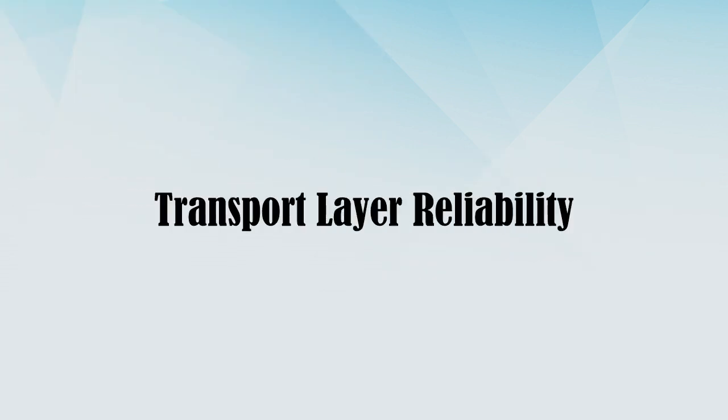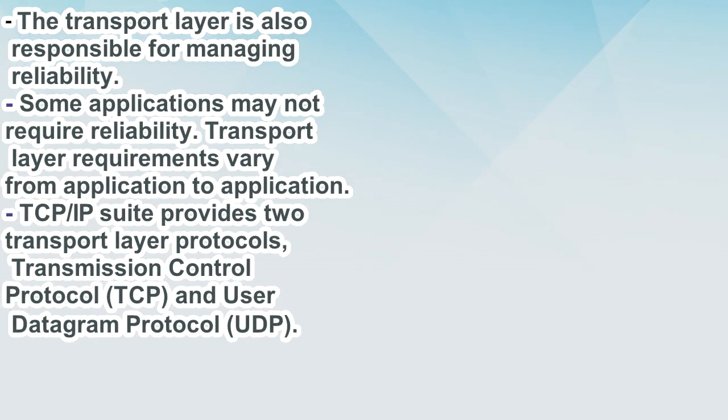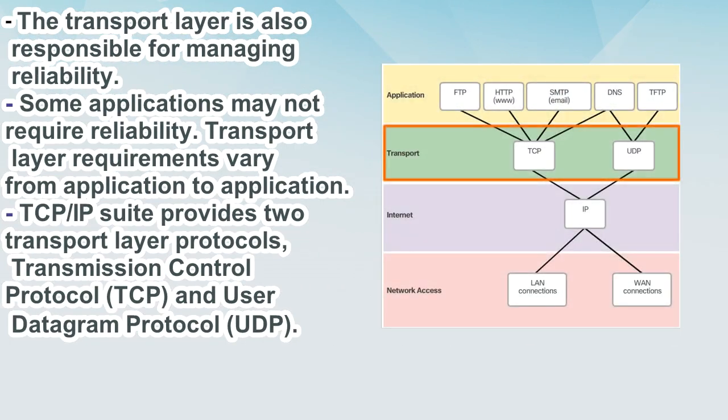Transport layer reliability. The transport layer is also responsible for managing reliability. Some applications may not require reliability. Transport layer requirements vary from application to application. TCP/IP provides two transport layer protocols, Transmission Control Protocol iaitu TCP and User Datagram Protocol iaitu UDP.